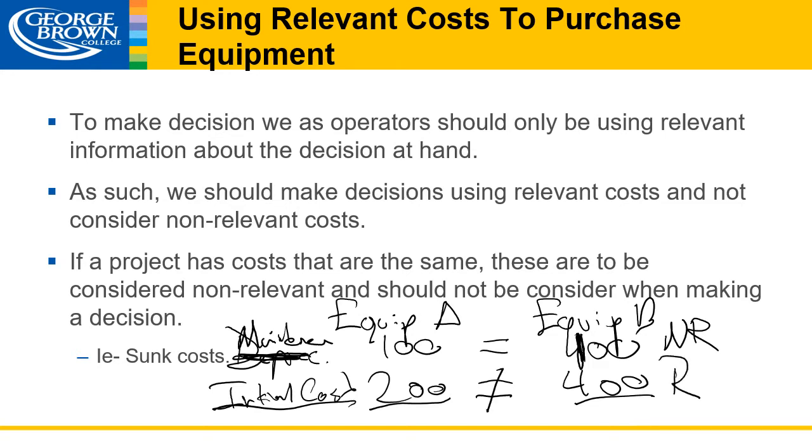Now, again, we don't use non-relevant costs in making decisions, only the relevant costs. So here, maintenance cost wouldn't even be a consideration in making this decision, A over B, because it's simply non-relevant. Okay, and we go into a bit of a deeper dive in the next slide.